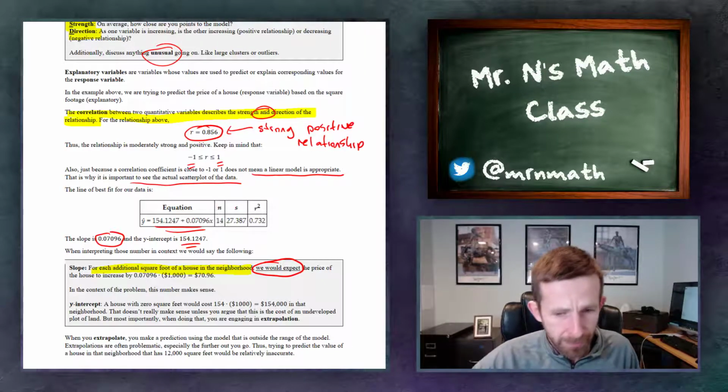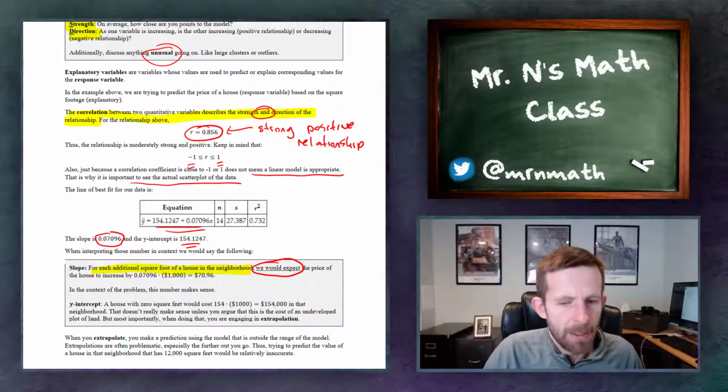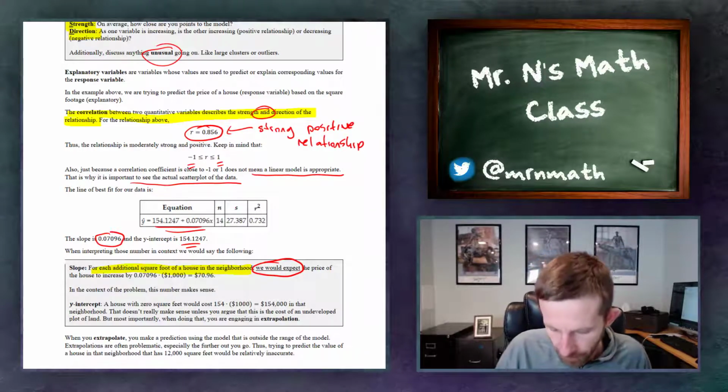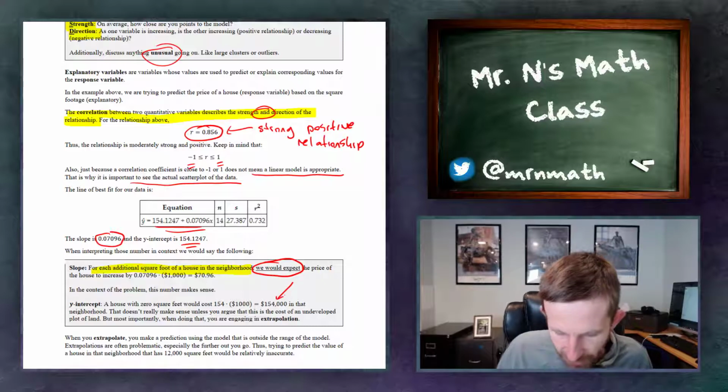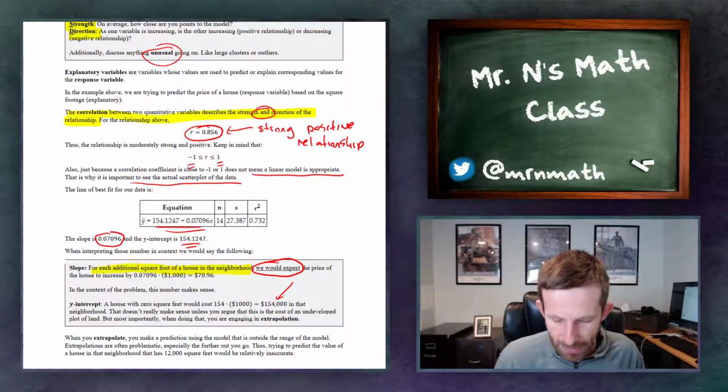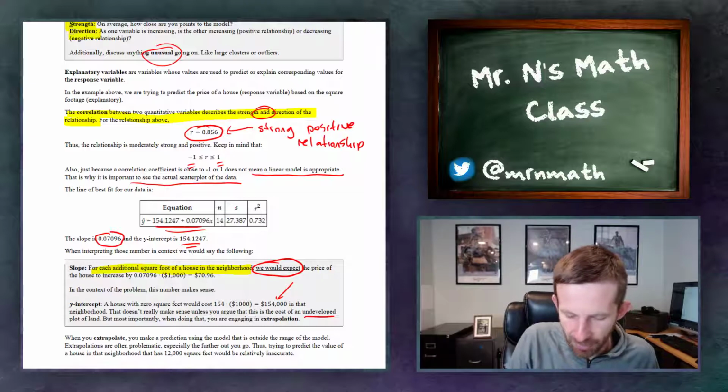The y-intercept: a house with 0 square feet would cost $154,000 in that neighborhood. That doesn't really make sense, except if we're talking about maybe the cost of the land.